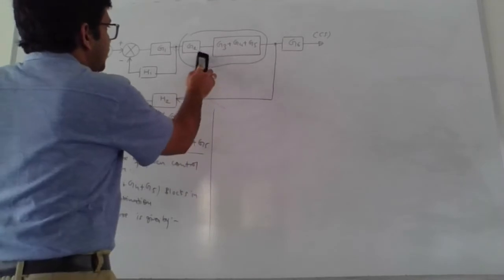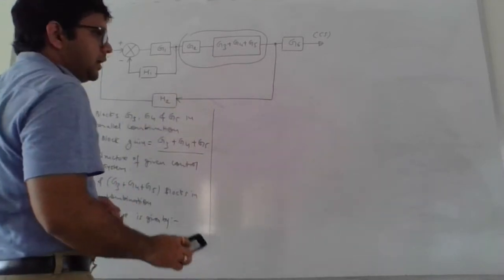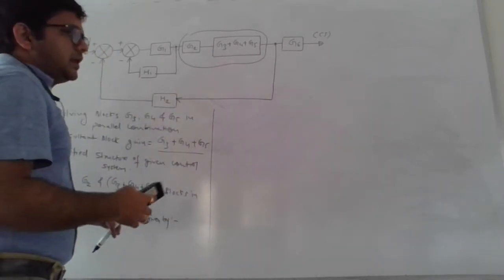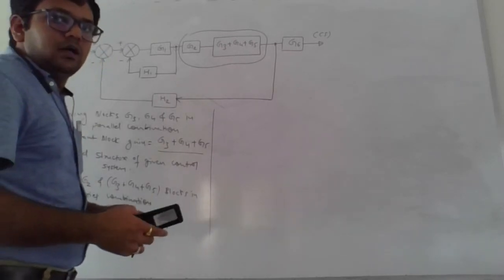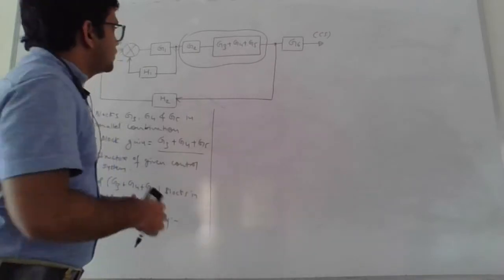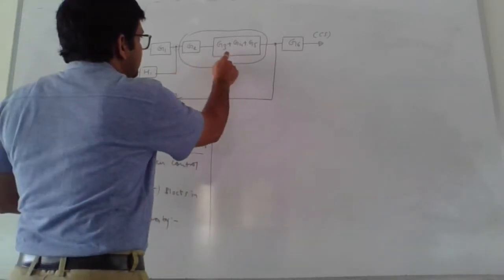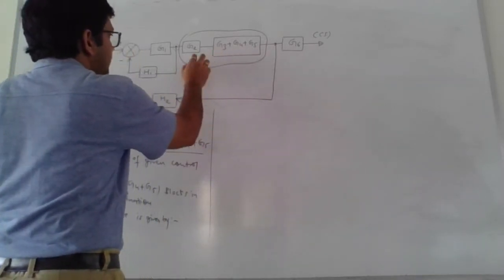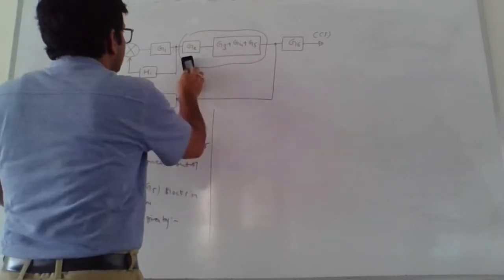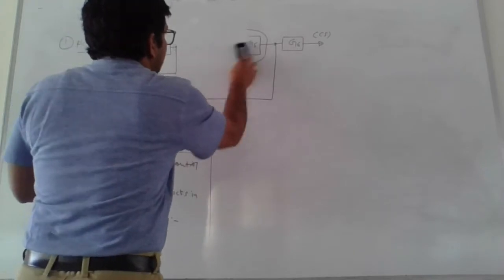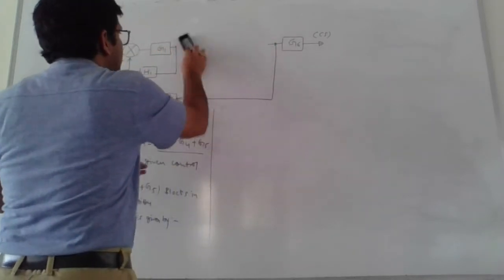So here these two blocks are in series combination, and I told you that when the blocks are connected in series combination, we need to obtain the equivalent block gain as the product of individual block gain. So here G2 in series with G3 plus G4 plus G5, so it is simply the multiplication of this gain and this block gain. So I am modifying the structure like this.